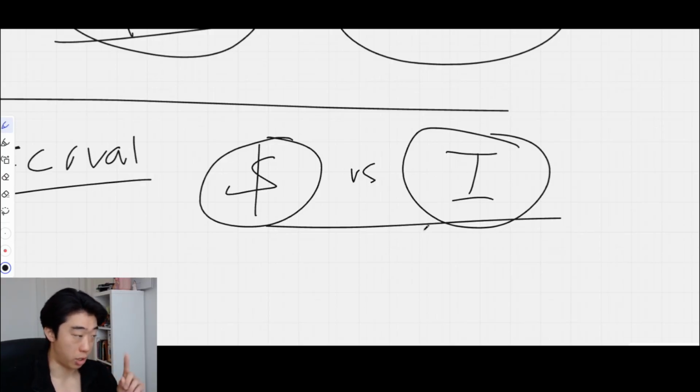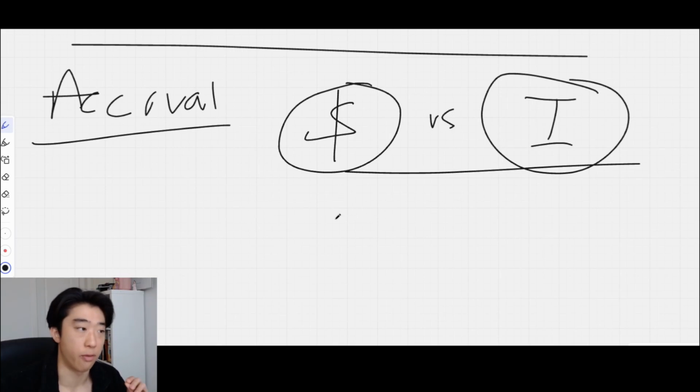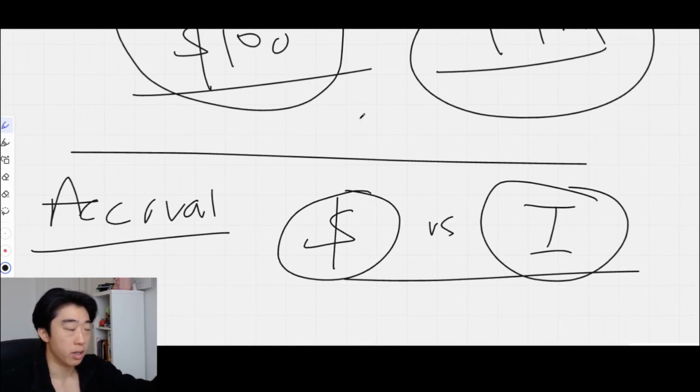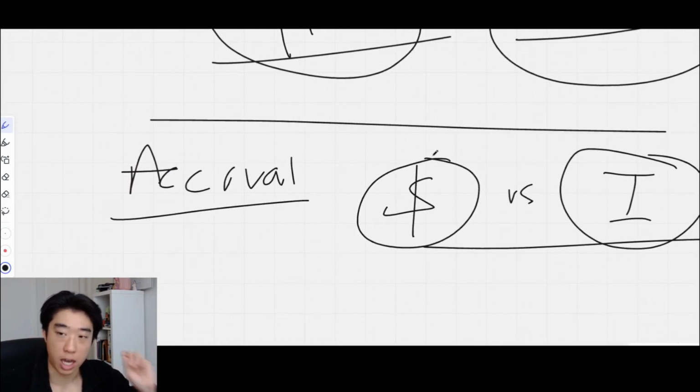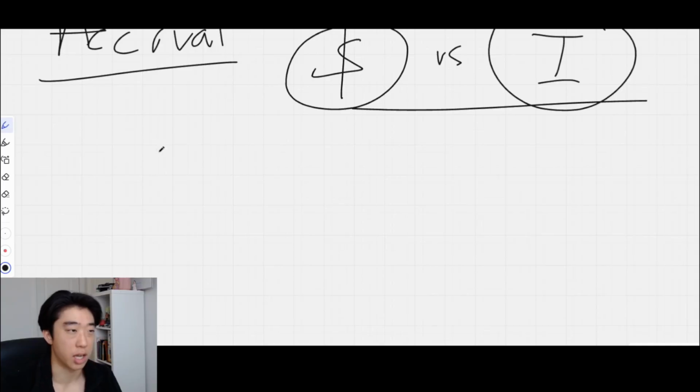So I'll show you the example after. Now, accrual accounting is actually a lot more accurate in terms of identifying the true profitability of a business. So remember, cash accounting shows you the cash position. It shows you how much money is coming in, how much money is coming out. But it's not a good indication of how truly profitable a business is.